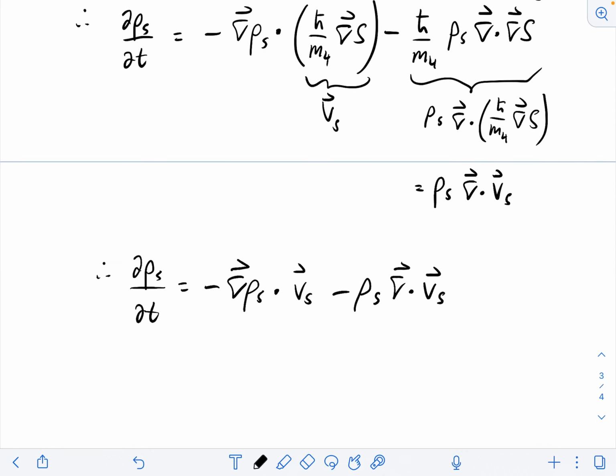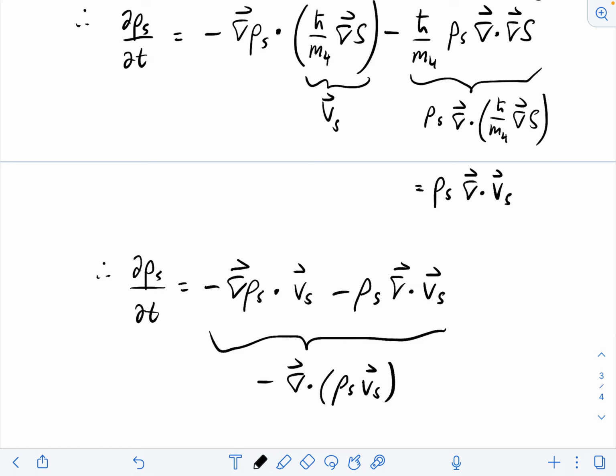We can do one final thing, is we can simplify the right-hand side further if we write this as the divergence of rho s times Vs. And if you were to apply the product rule, then you'd get the gradient of rho s dotted with Vs plus rho s times the divergence of Vs. Okay, good.